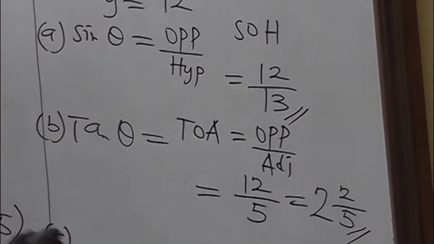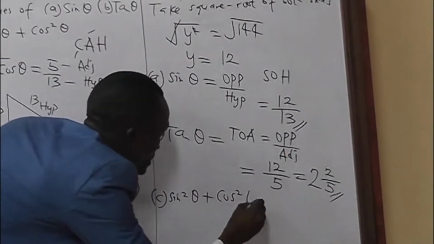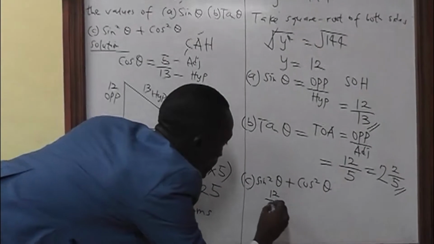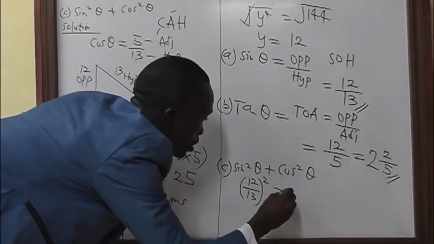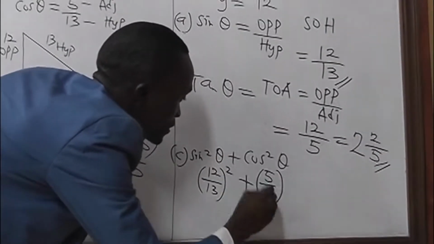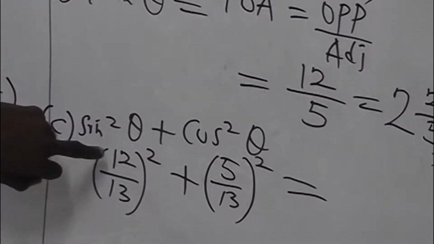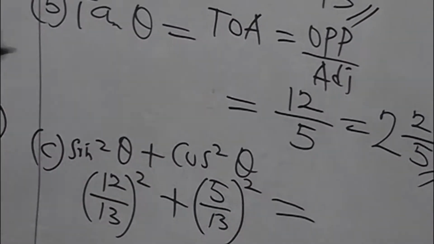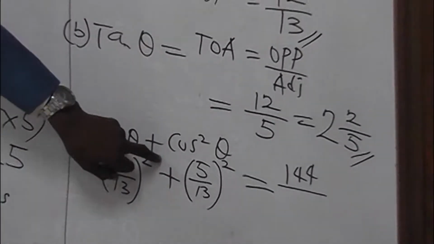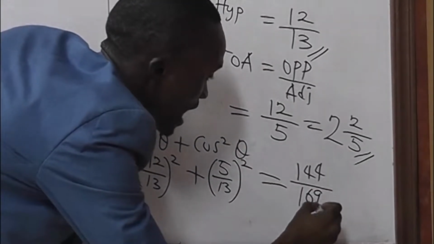Now the last part is asking us for sine squared theta plus cos squared theta. We derived sine theta as 12 over 13. So this is 12 over 13 raised to power 2, plus cos theta is 5 over 13 raised to power 2. 12 raised to power 2 is 12 multiplied by 12, which is 144, divided by 13 raised to power 2, which is 13 multiplied by 13, and that is 169.